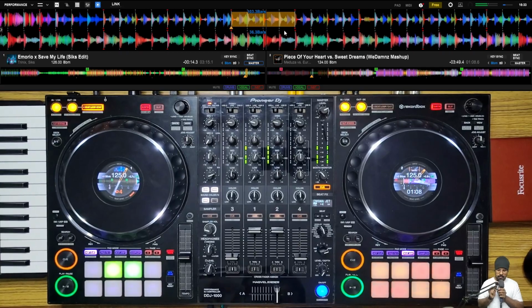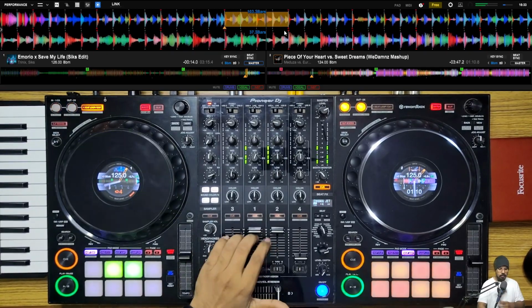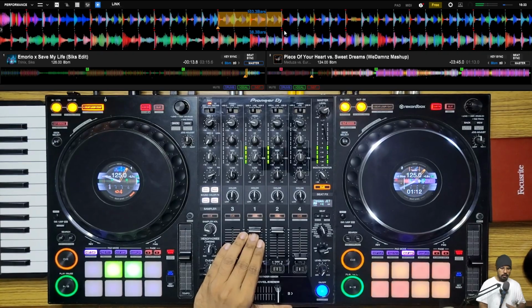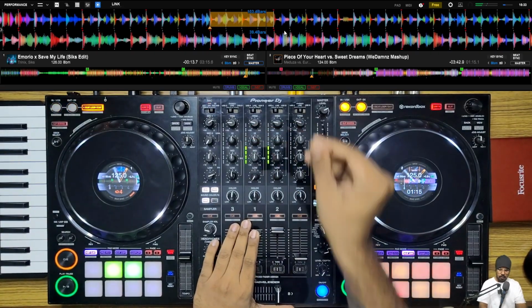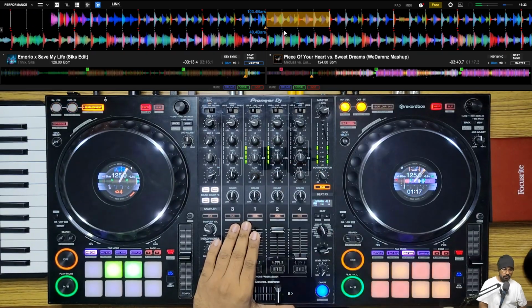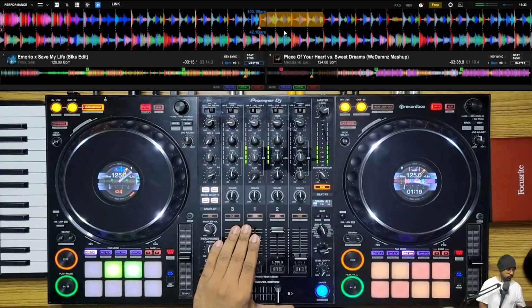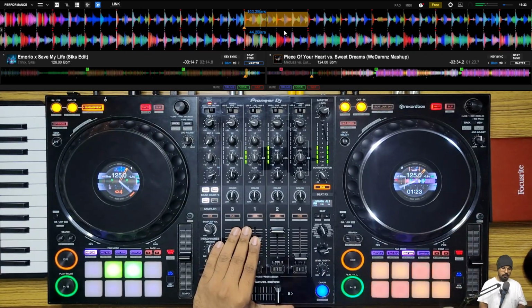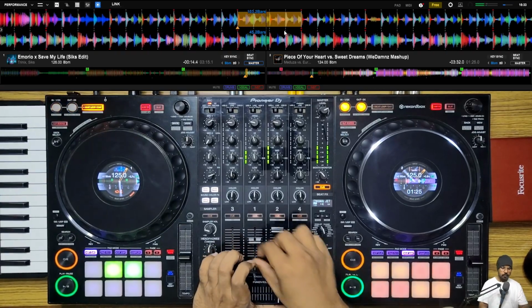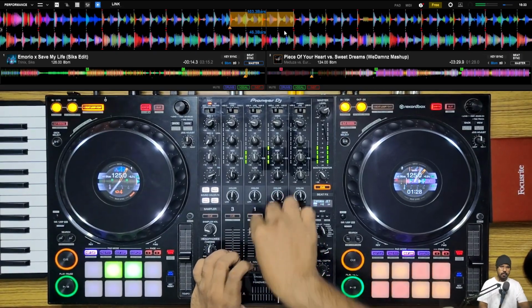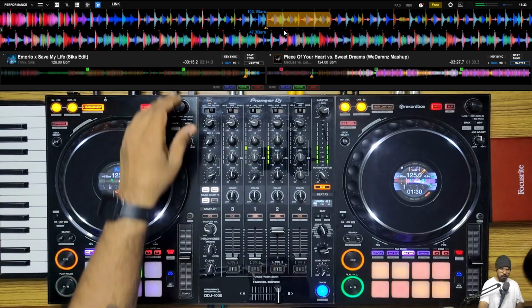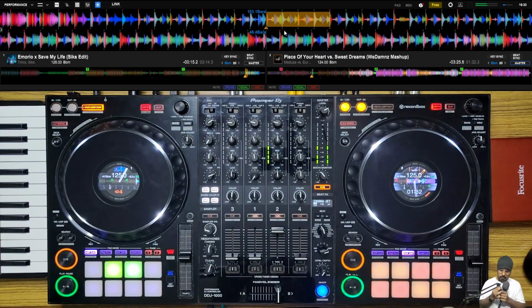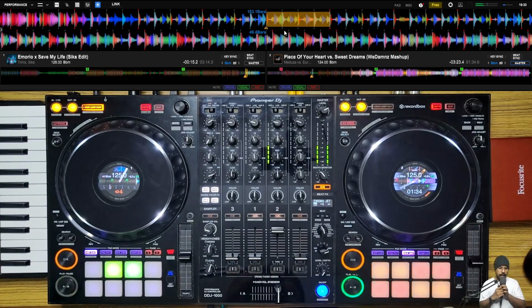I need to tighten this up. Slowly fade it out. And we are out. Then you can load the next song and just continue doing it like that.